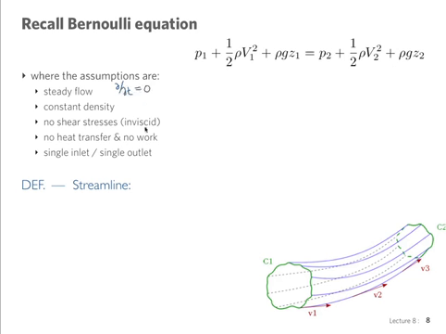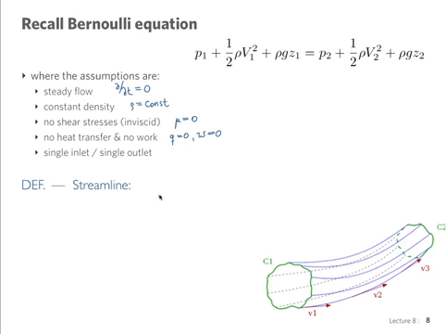We've assumed constant density, rho equals a constant. We have assumed no shear stresses, so the flow is inviscid. Viscosity is equal to 0. We assume no heat transfer and no work, and single inlet, single outlet.